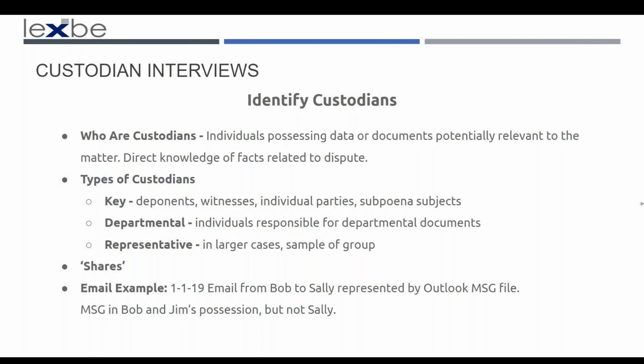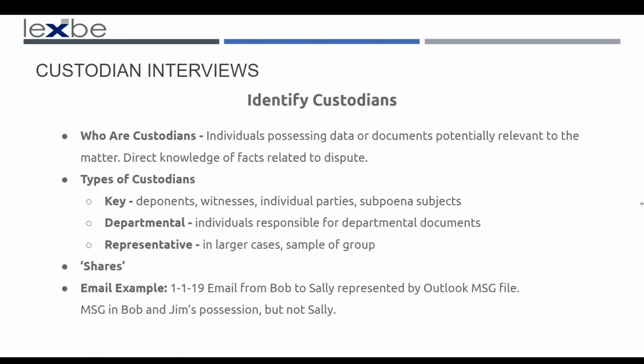So imagine a January 19th email from Bob to Sally, represented by an Outlook MSG file, MSG being the file format that Microsoft Outlook keeps emails in. It includes the email body, metadata, and attachments, and it's represented by a single MSG file that can be taken out of Outlook and copied individually.